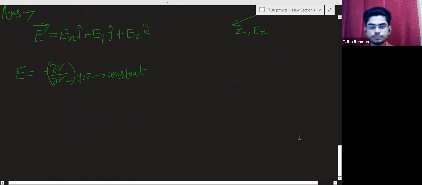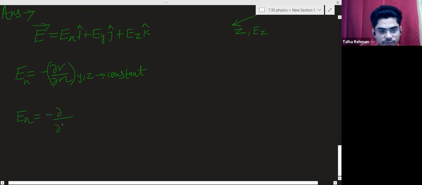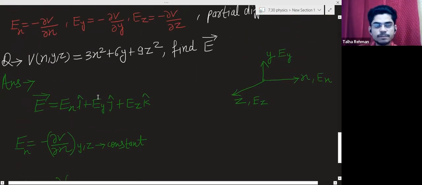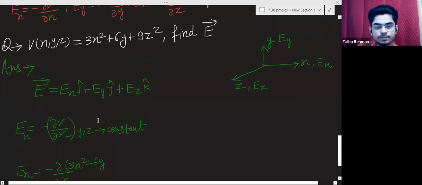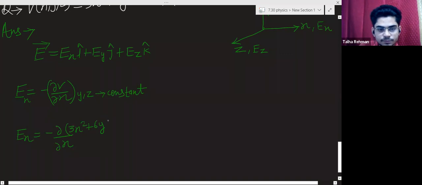So this is Ex. The value of Ex will be minus del by del x of the potential, 3x square plus 6y plus 9z square.